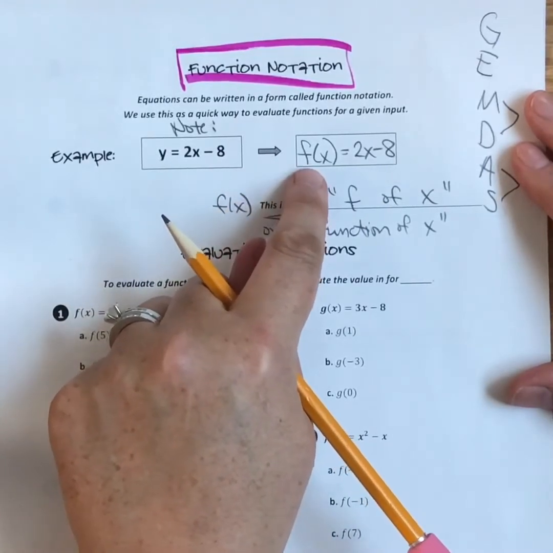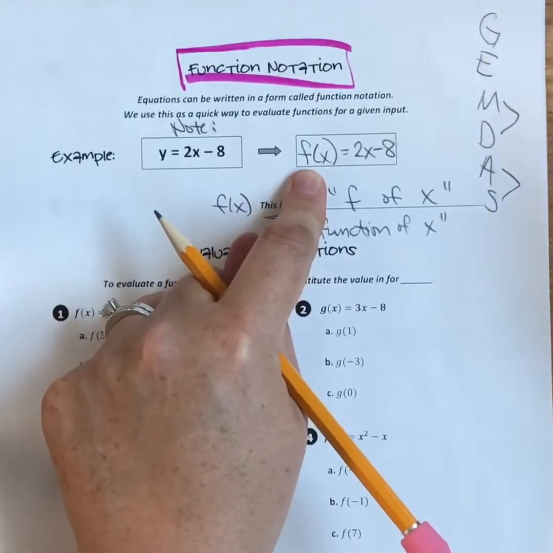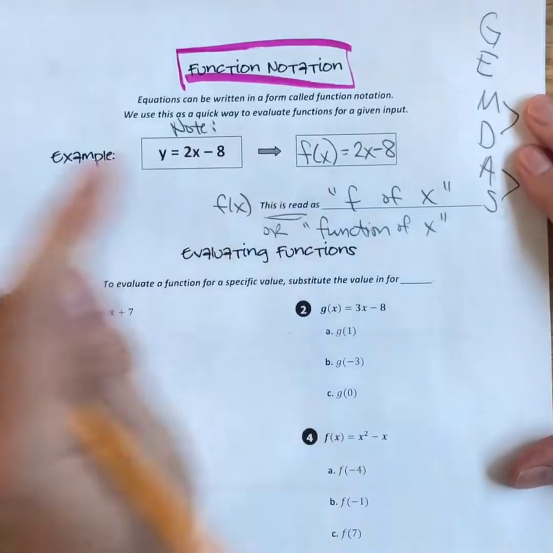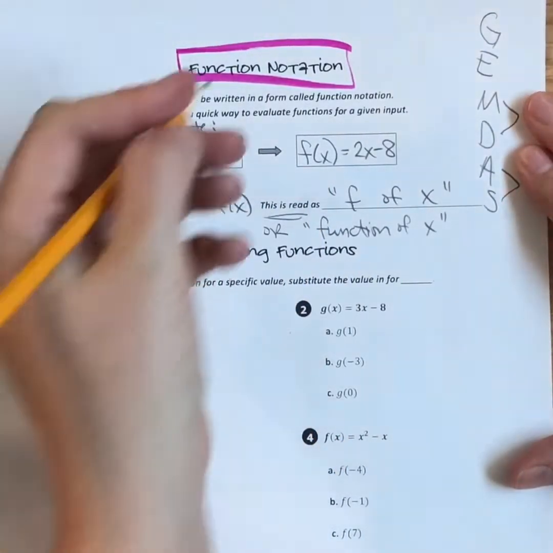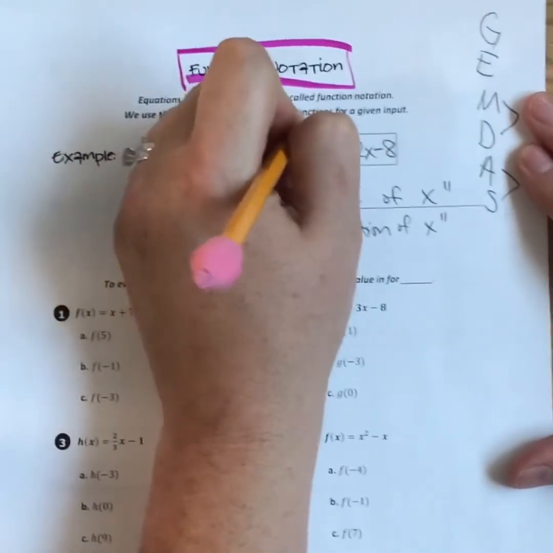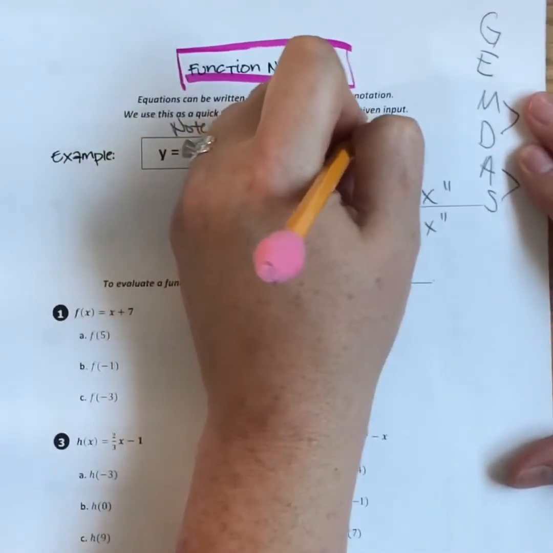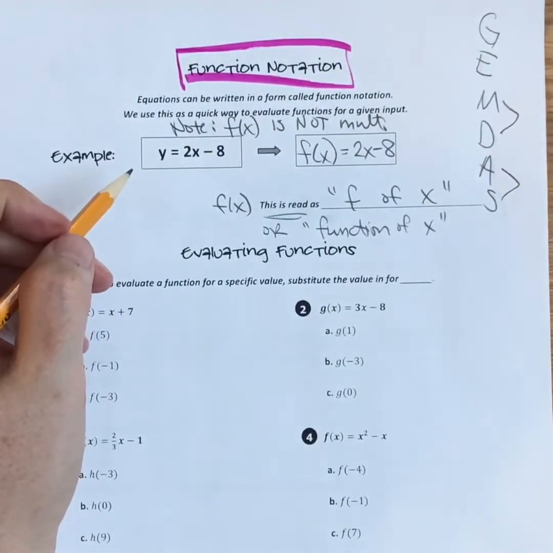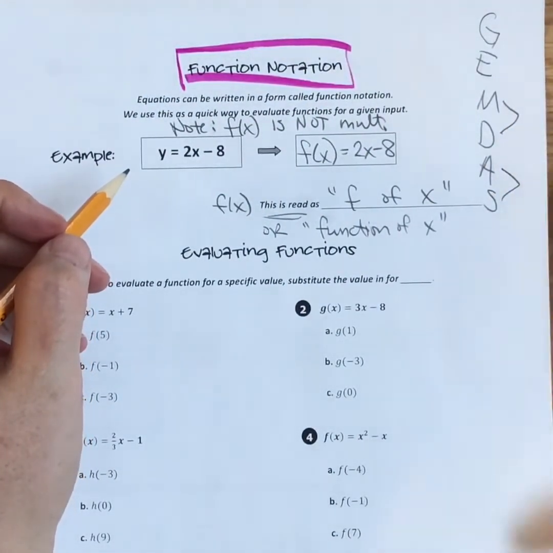But in this case, and that's why we learn this notation, because you're going to be using it a lot, especially in Algebra 2 and pre-calc and beyond, this f of x is not multiplication, okay?